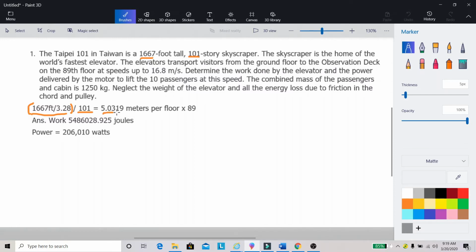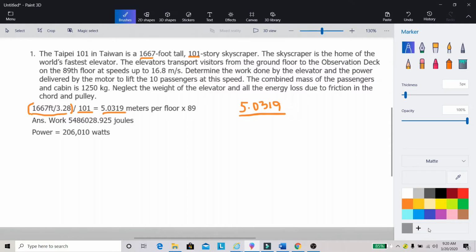So, lumalabas meron tayong 5.0319 per floor. So, yung floor to floor distance niya 5.0319. Remember class, galing lang po sa libro ito, no?